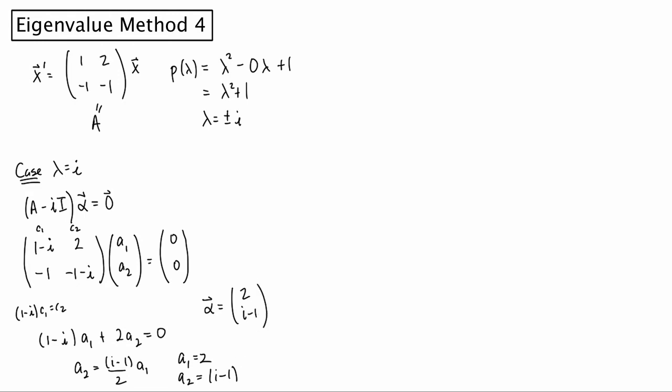Now, one of the things that you should do is recognize that the vector alpha here is complex, which means that I can express alpha in the form of a vector A plus iB, which I'm going to do now.